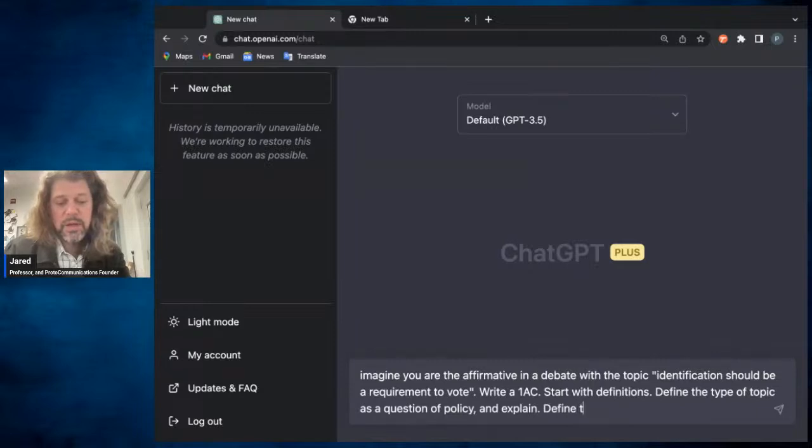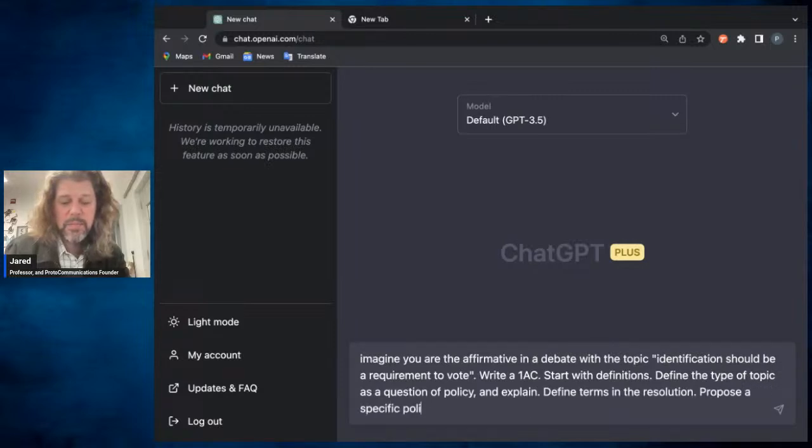Define terms in the resolution. Propose a specific policy. Explain that the criterion will be net benefits.